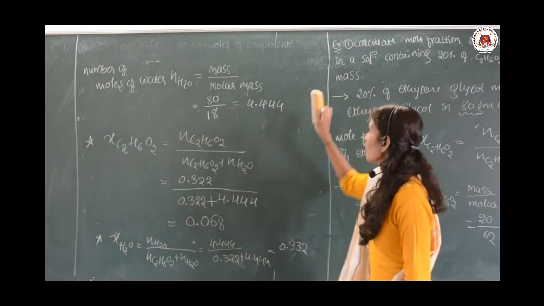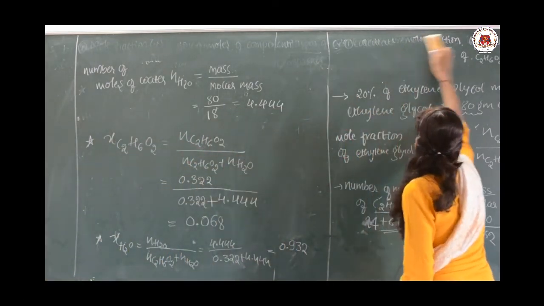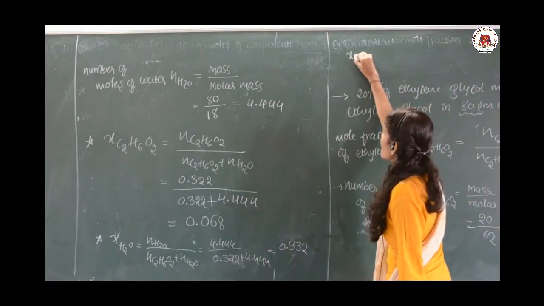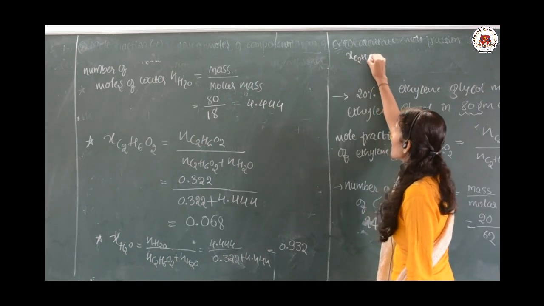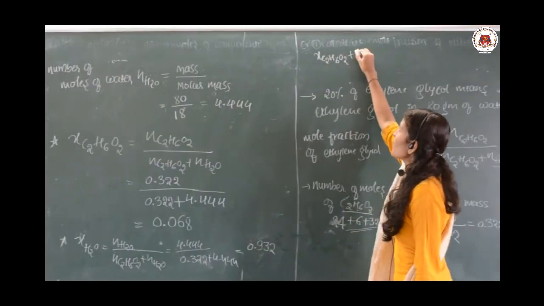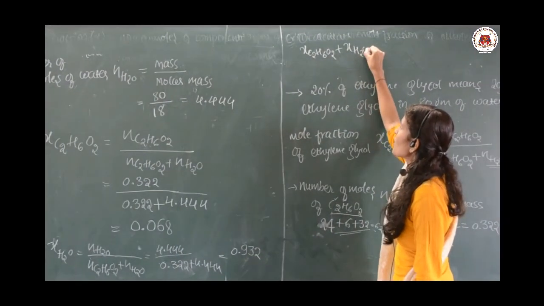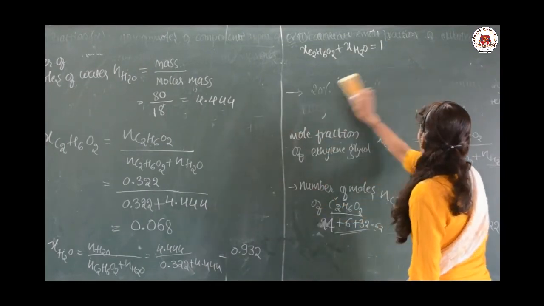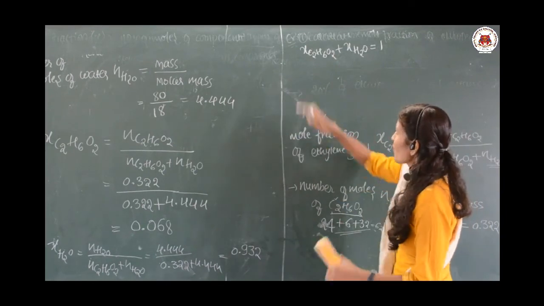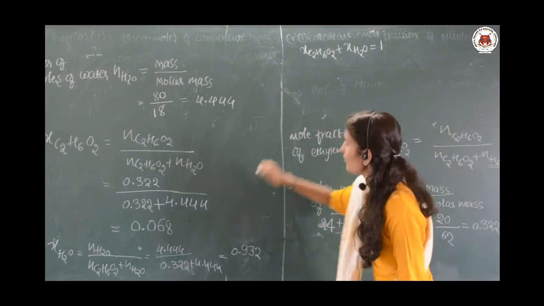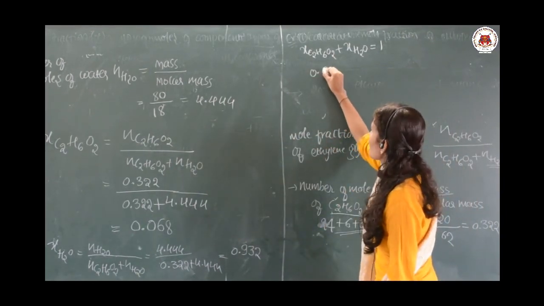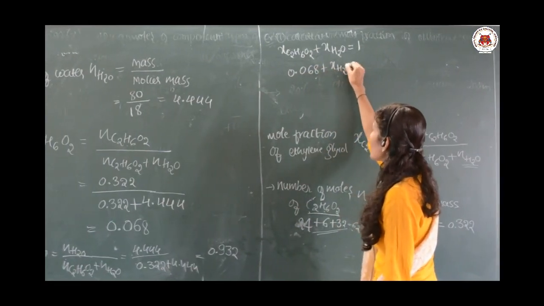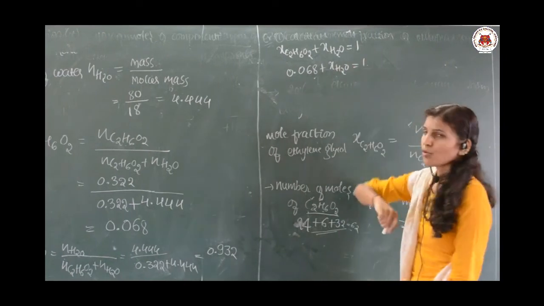Or else, there is one more way. You can find it this way: the sum of the mole fractions, that is C2H6O2 plus H2O, is equal to 1. Okay. So you know this value, you calculated 0.068, plus this value I need to calculate, that is the mole fraction of the water.